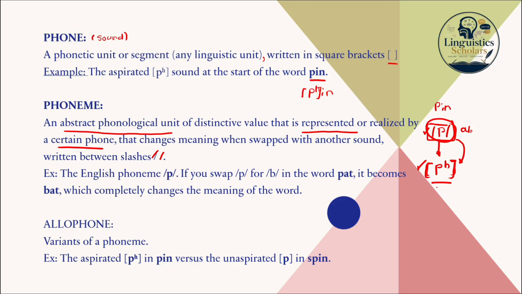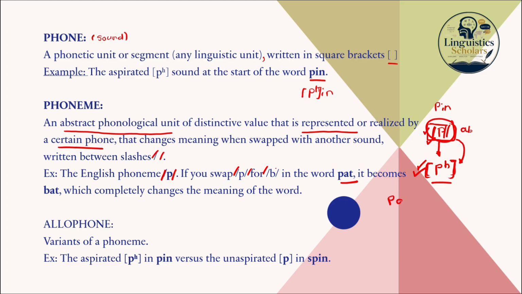So this becomes a phone. This is a phoneme, and the phoneme is written between the slashes, whereas a phone is written between the square brackets.